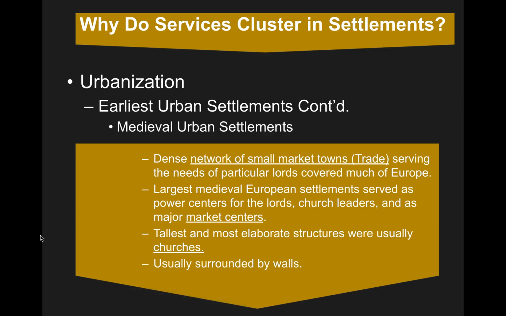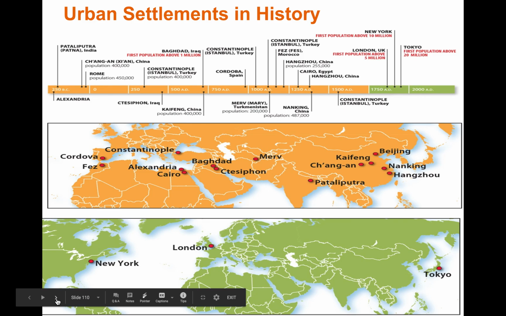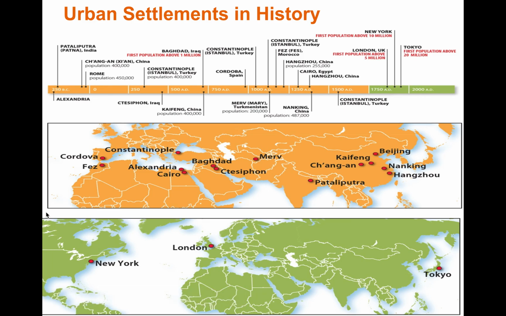When we look at the network of small towns, the trades, market centers, churches, surrounding walls, again, the evolution of urban settlements, we have city centers that begin to emerge, and then we see city centers that evolve into large urban settlements, and then larger urban settlements that will contain business and services, and then eventually the world's most dominant cities, where we have urban settlements that have specialization in consumer, business, and public services.